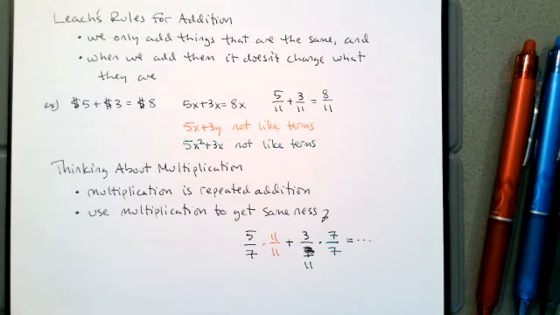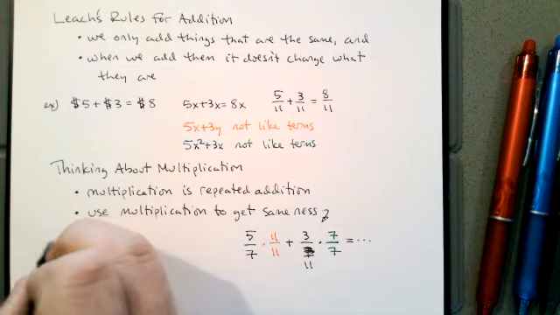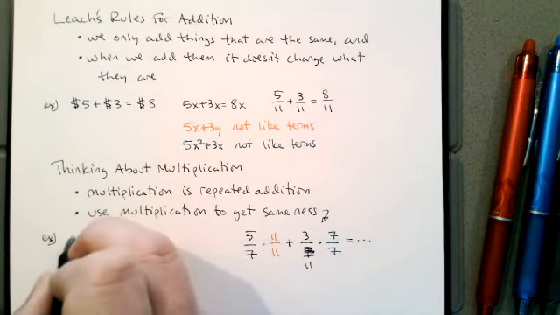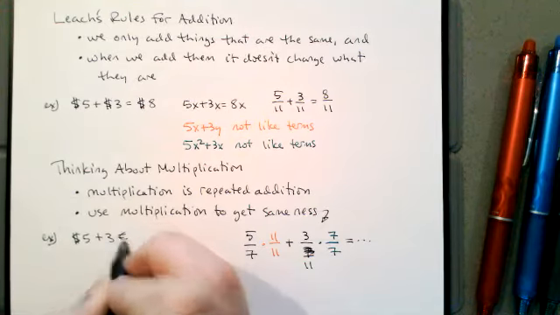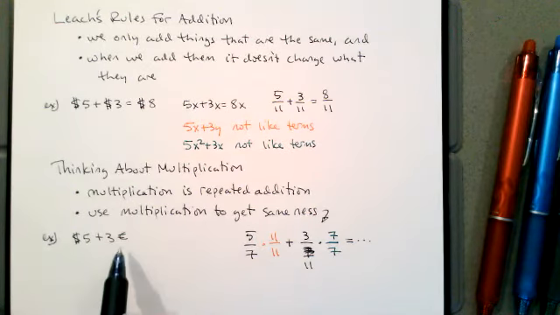We did the same thing when we tried to add $5 and €3. I couldn't add the 5 and the 3. I don't have 8 of anything here, but if I get a common currency, then I can.